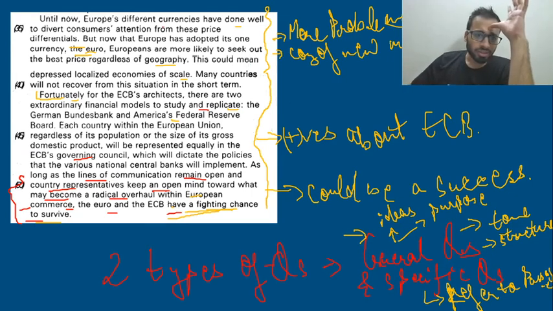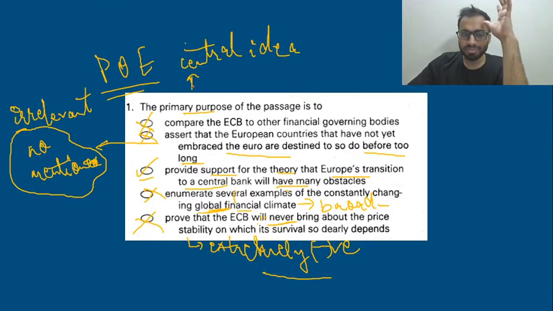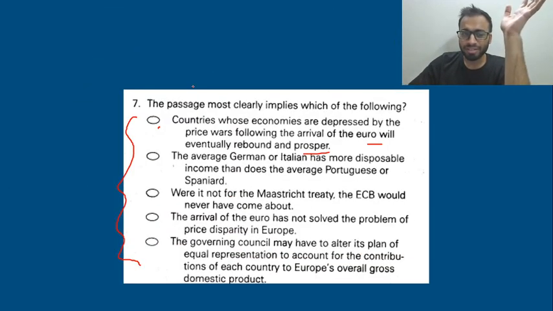Until now, Europe's different countries have done well, but now Europe has adopted its currency, the euro. Europeans are more likely to seek out the best price regardless of geography. This could mean depressed, localized economies of scale. Many countries will not recover from this situation in the short term. So they are saying will not recover, while this option says will eventually recover. So this is incorrect.